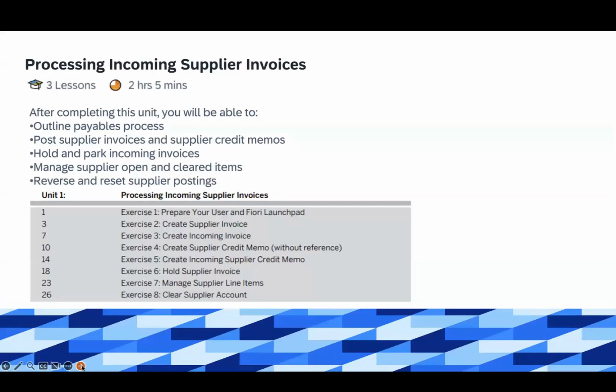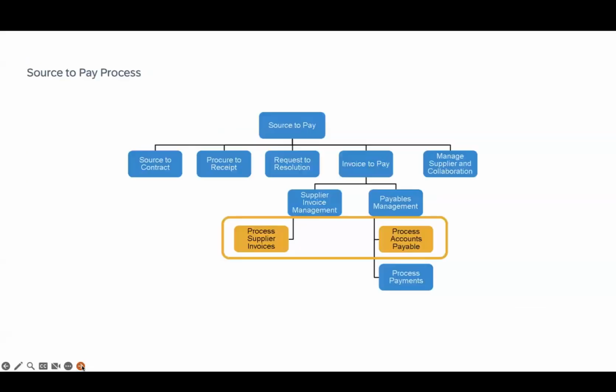Right, so moving on to processing incoming supplier invoices. Here is where we are in the overall business process. We will do the demo on the overall process because I think that's the best way to learn.